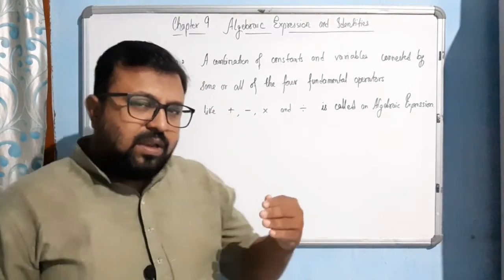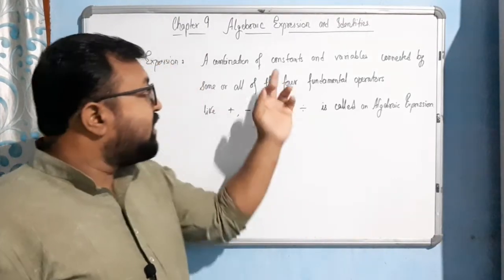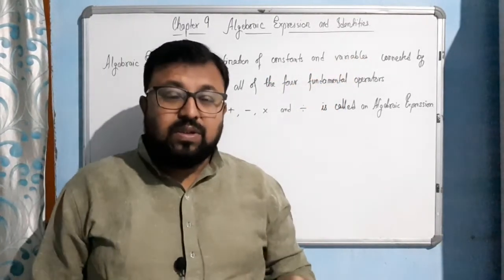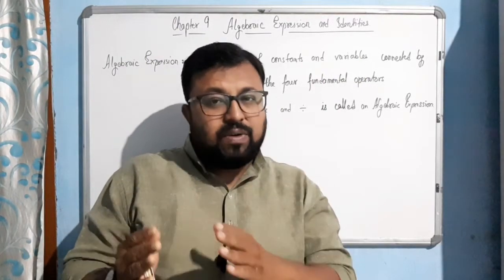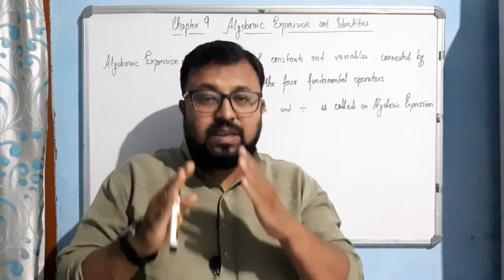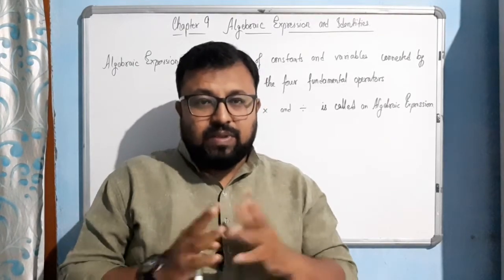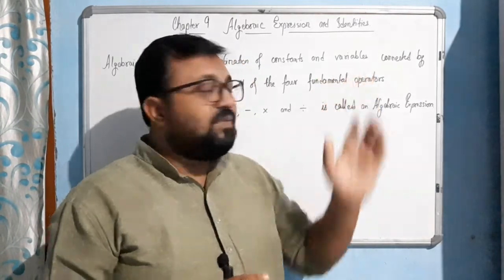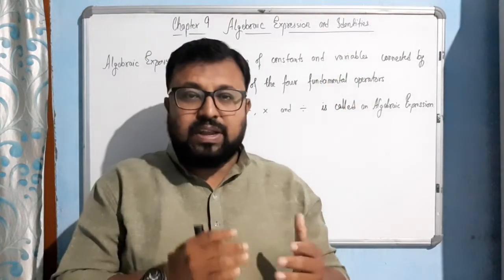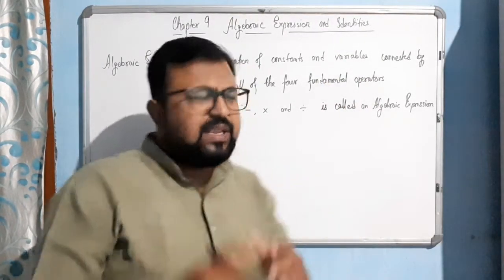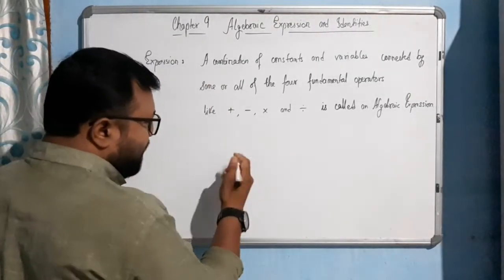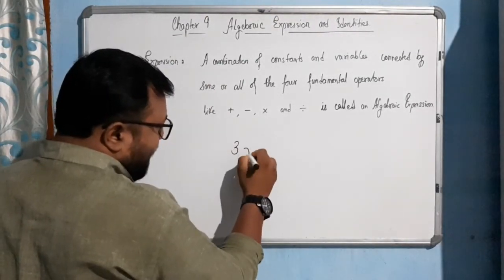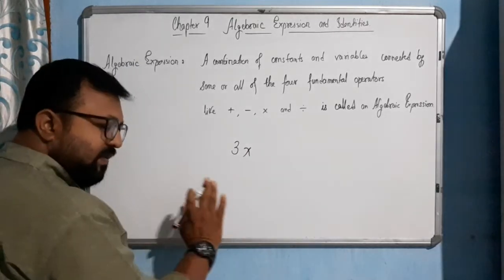Now, in our mind, a question may arise: what is a constant and what is a variable? The constant is nothing but a symbol which acquires a fixed numerical value, whereas a variable is also a symbol, but it may acquire any numerical value. For example, suppose I write 3x, a very simple example.